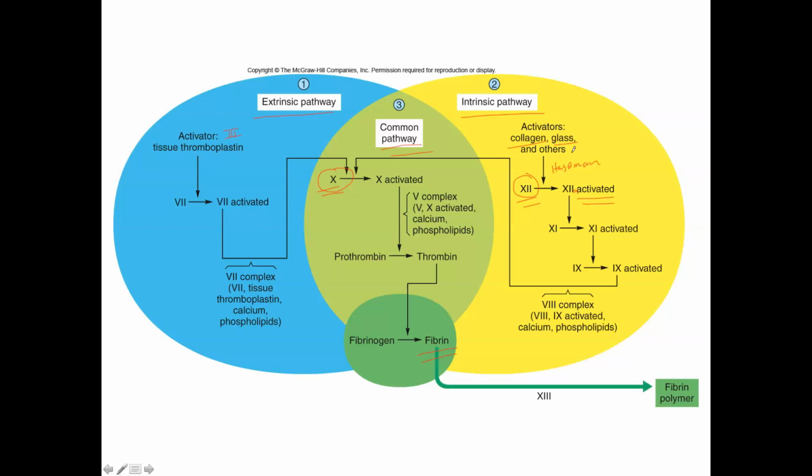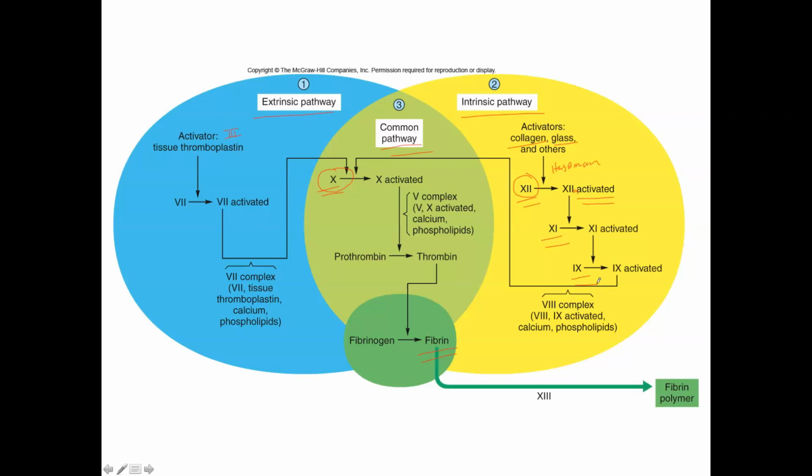So once the Hageman factor becomes active, what happens? Well, factor 12 activates factor 11. Okay, so factor 12 activates factor 11. Factor 11, once it's activated, is going to activate factor 9. Factor 9 has another name. It's called the Christmas factor. That's interesting because there's a medical condition known as the Christmas disease.